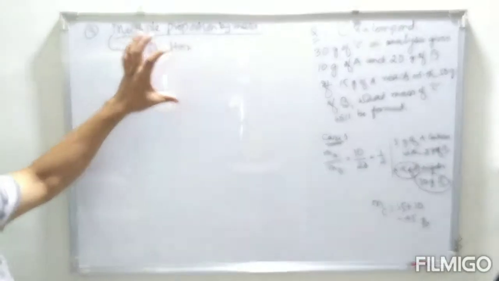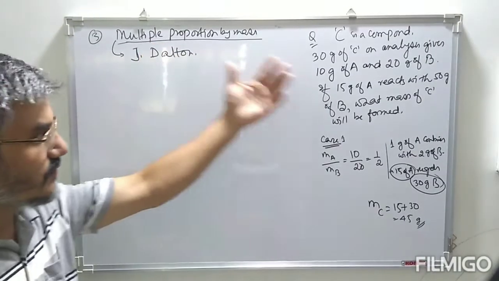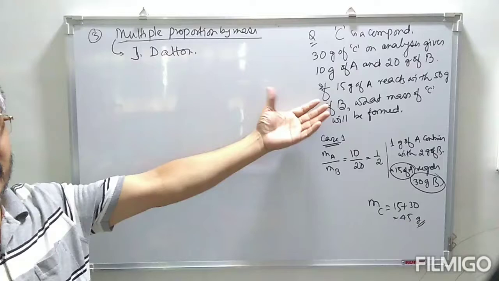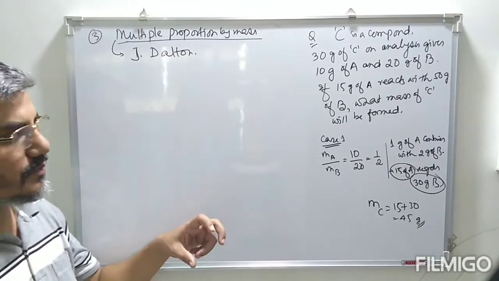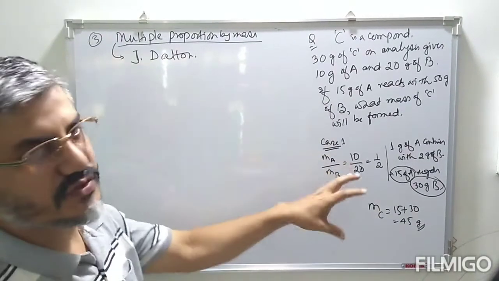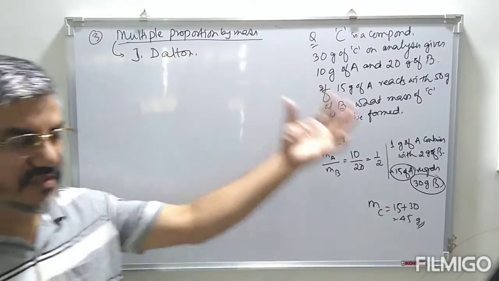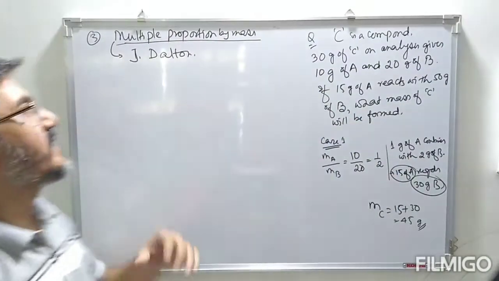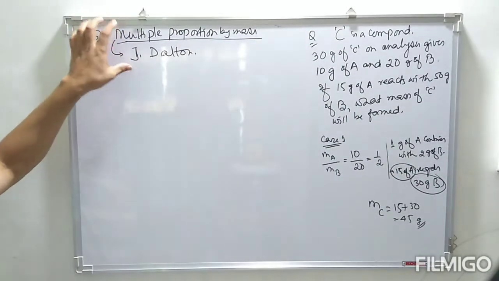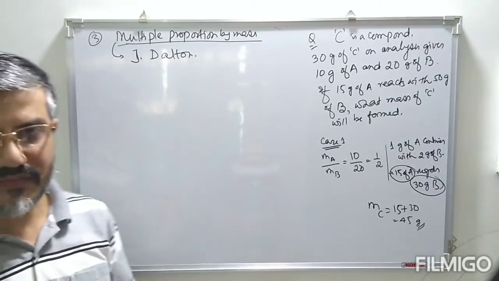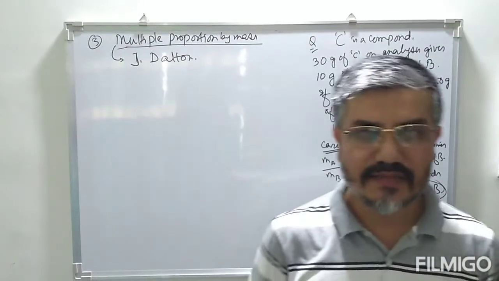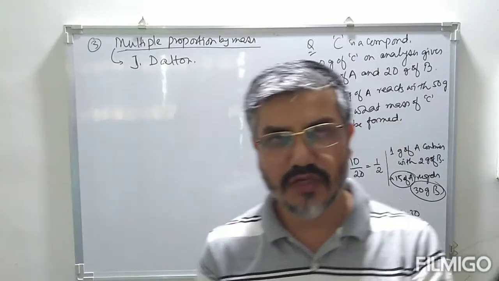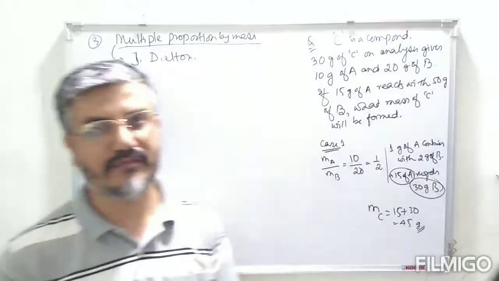In the law of constant composition by mass, we take a pure compound, and in the pure sample, we take the mass ratio of the combining atoms. That comes out to be a simple ratio. Whereas in this law, multiple proportion, the same combining element is giving you more than one product.